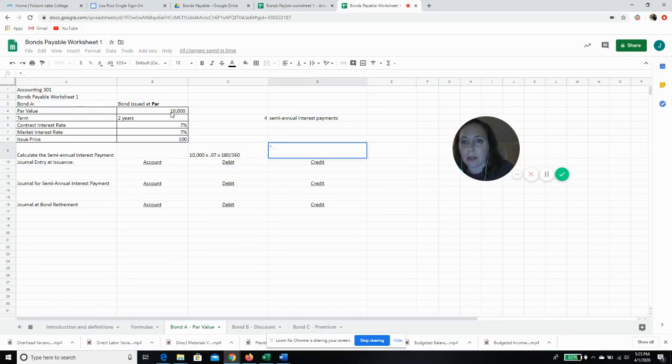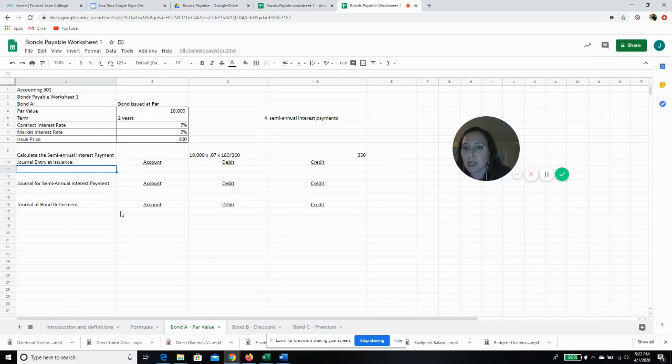And when I do that calculation, I find out that my semi-annual interest payment is going to be $350. Because this is a par value bond, that will also be my interest expense.